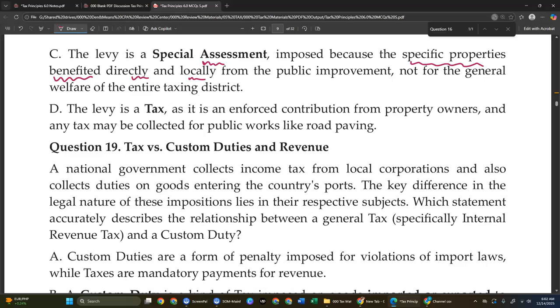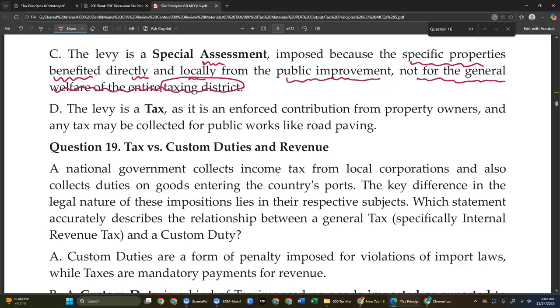So these are specified subjects or constituents who benefited from the public improvement, and who are also the subject of the special assessment. Again, to clarify, this is not for the general welfare of the entire taxing district. We're not talking here about the general public.